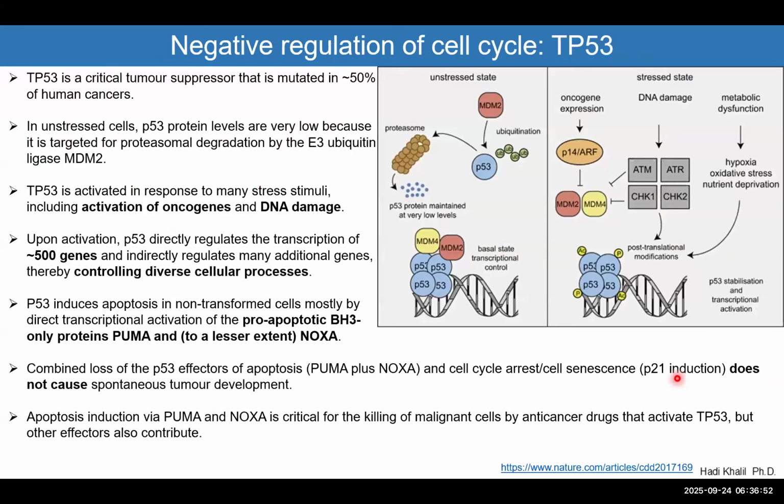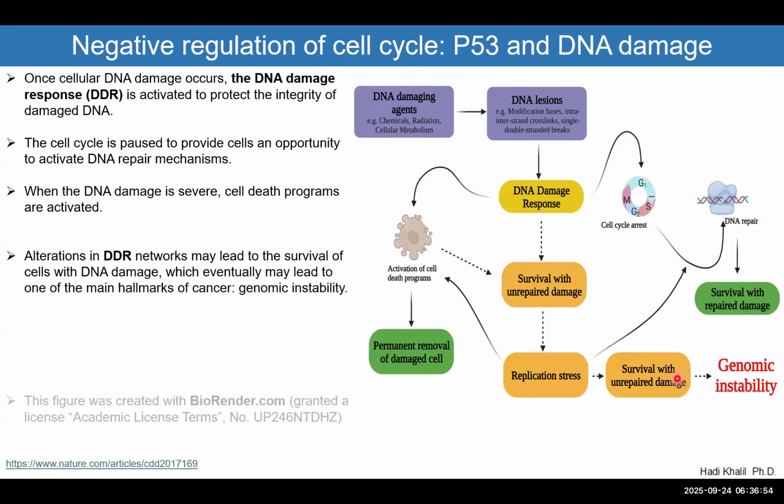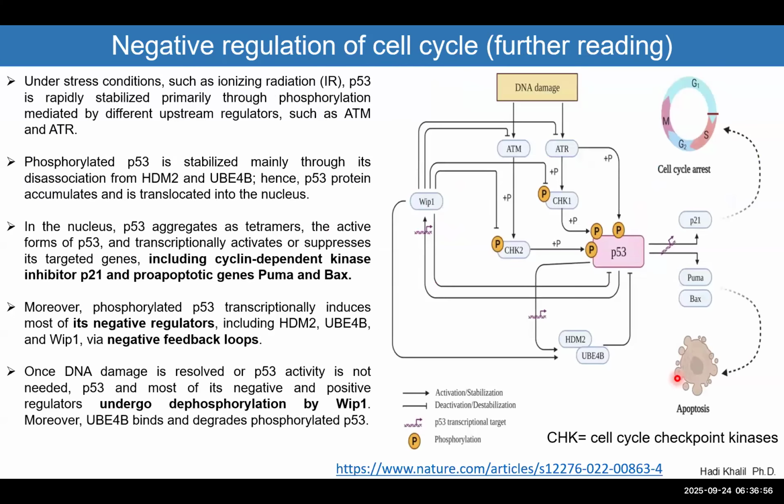Okay, so now we are having the full image where we have a DNA damage. DNA damage is sensed by two different proteins, and those two different proteins will activate the cell cycle checkpoint kinases 1 and 2. Now, the direct target of this kinase CHK1 and 2 is P53.